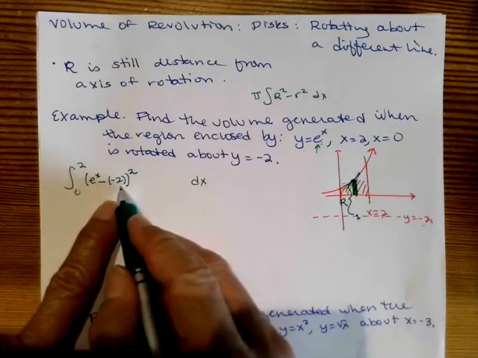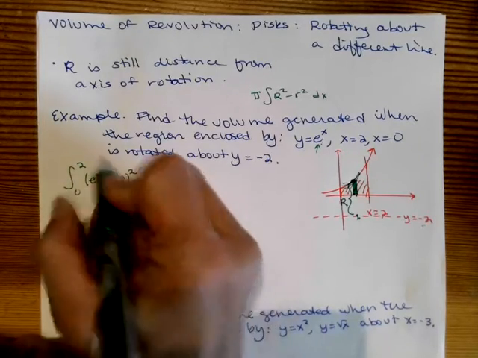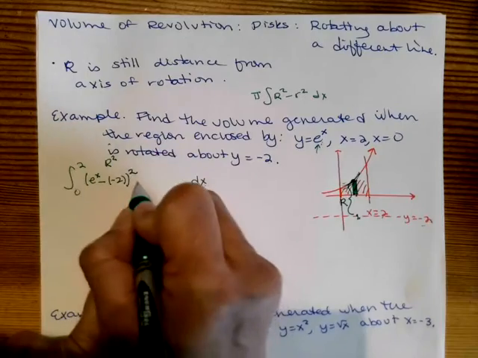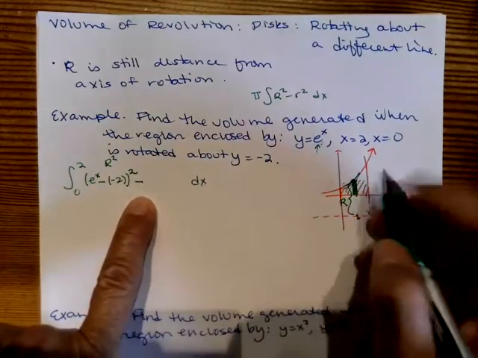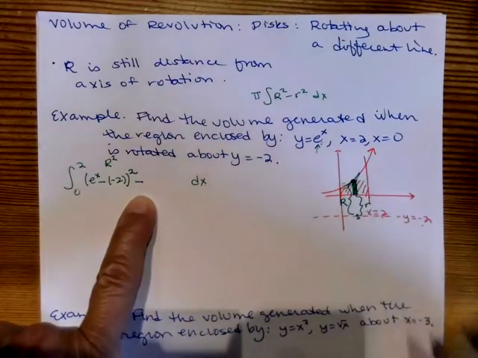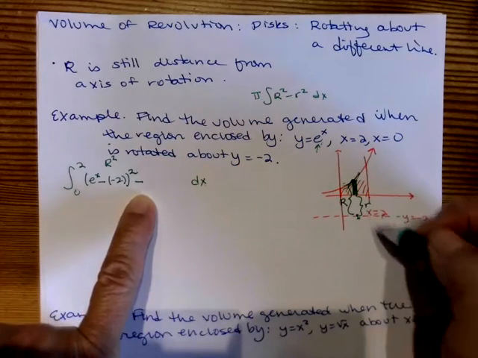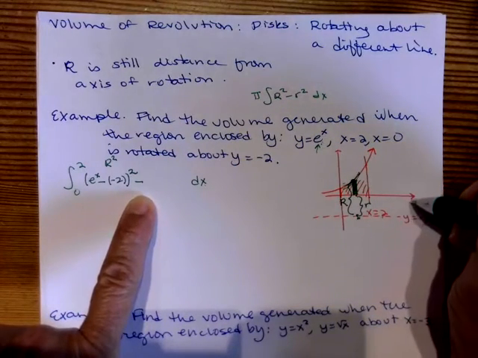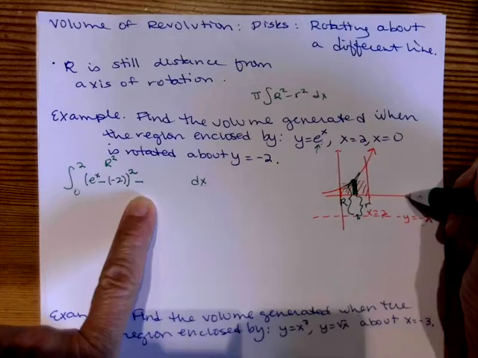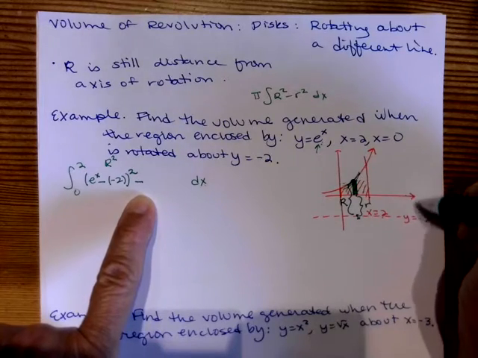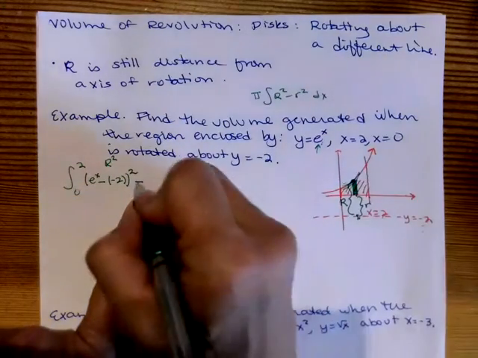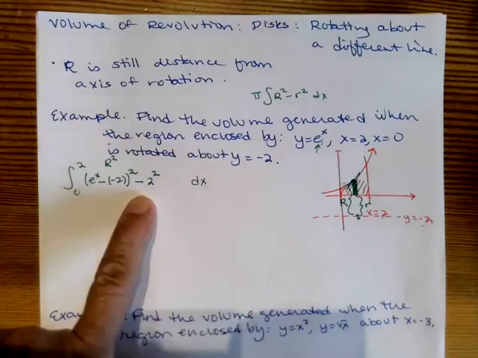That'll end up being plus the 2. So there's my big R squared. And then my little r squared is that cut out part in the middle, and that's just between y equals 0 and y equals -2. So that's just a space of 2, so that's going to be 2 squared.